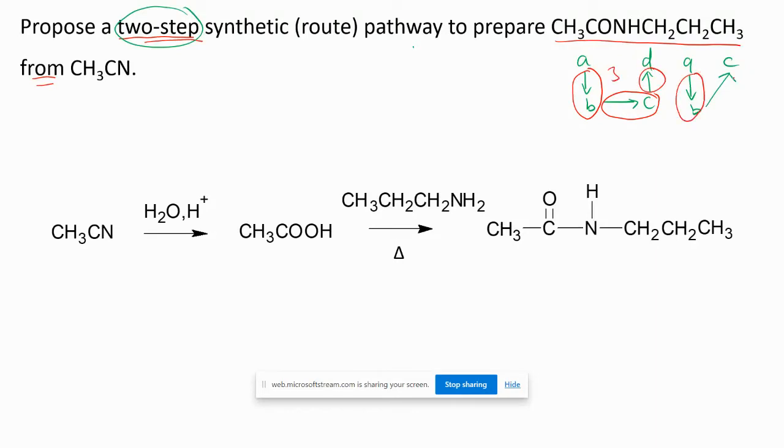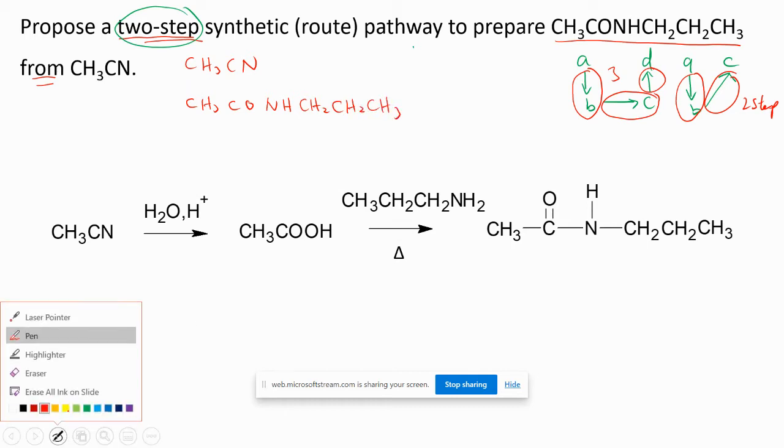So this is 2 steps, which means we are going to use reagent 2 times. Now we start again. We have CH3CN, and then the final product becomes CH3CONHCH2CH2CH3.